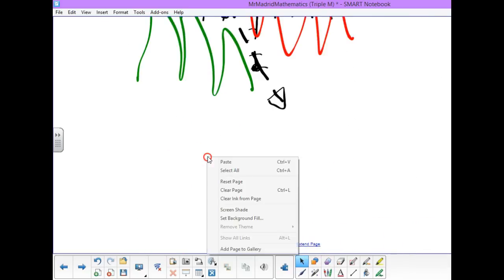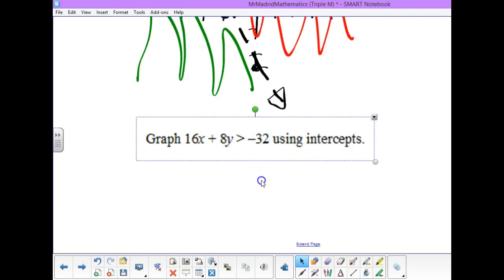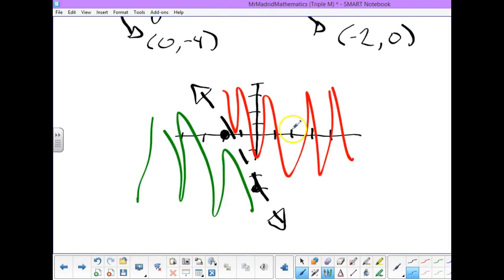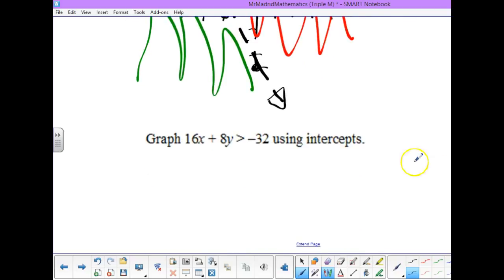Alright, here it is. So basically what I'm proving here is if the solution is in this region, then 0, 0 should work. If it doesn't, then it cannot be this region. So I'm going to use 0, 0.